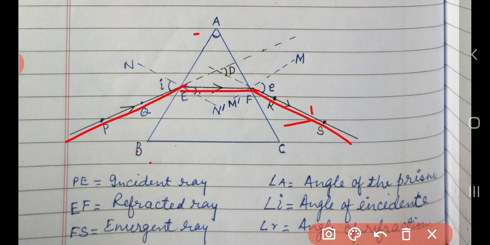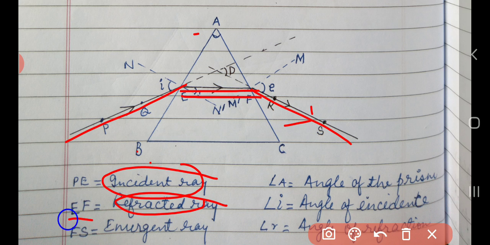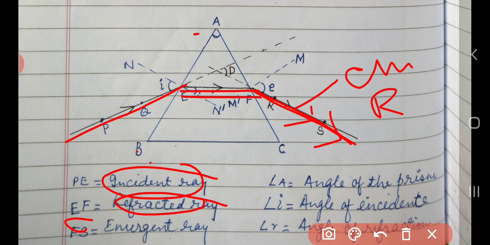PE is known as the incident ray, EF is known as the refracted ray, and FS is the emergent ray. Here there are angles. Angle A is the angle of prism.